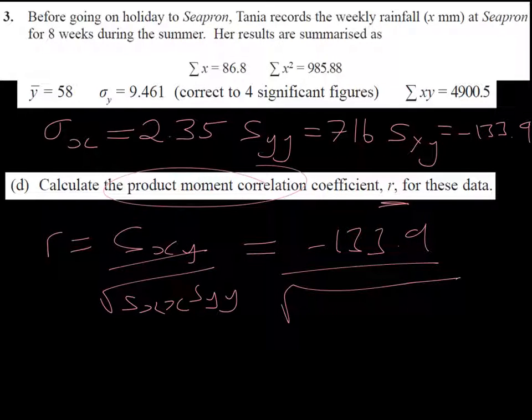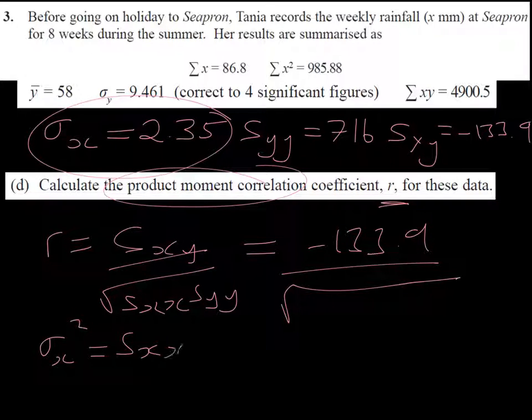Now, we haven't actually worked that out, but in the same way that we worked out Syy, in our answer to the first part A, we were asked to work out the standard deviation. So from that we can work out the variance of x, and we should remember that the variance is related to the value of Sxx using the formula variance equals Sxx over n.